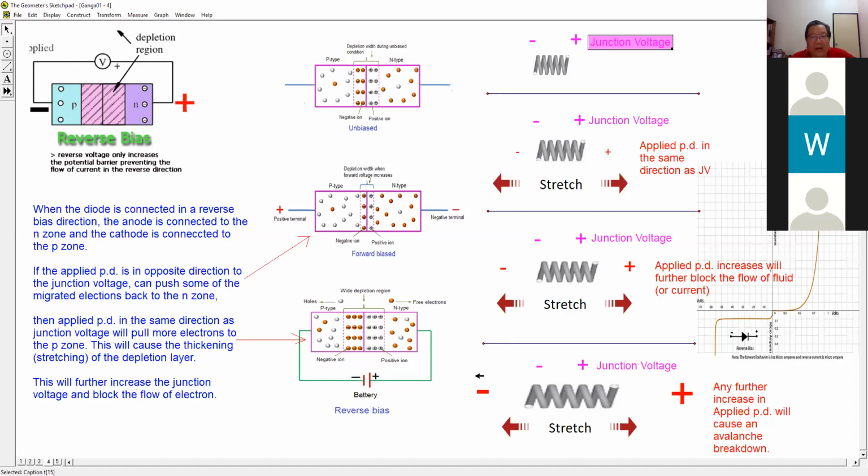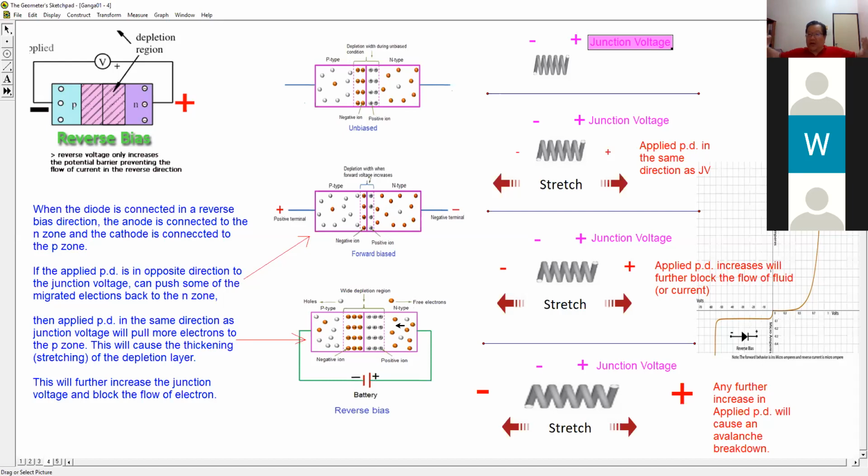What the external potential difference does to this depletion zone is pull them and make them thicker and thicker. By pulling them, you are asking more electrons to flow to this side and create more holes on the other side.